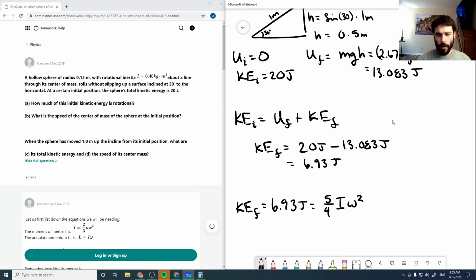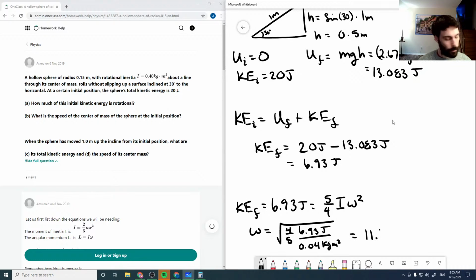And so we can solve for our omega as the square root of 4/5 times 6.93 joules over 0.04 kilogram meters squared, which comes out to be 11.78 per second.